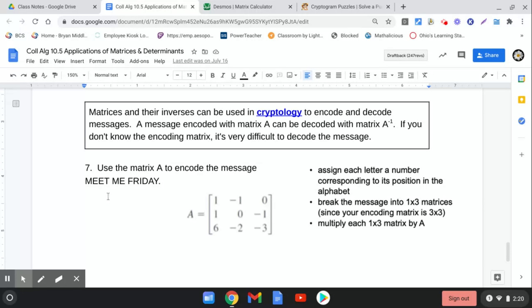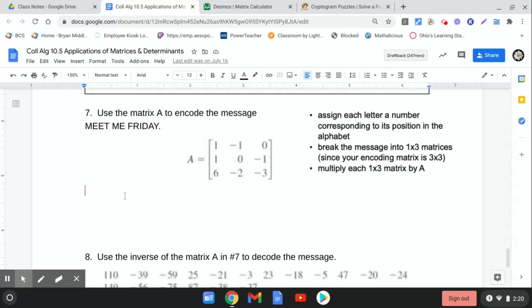So here's an example for number 7. Let's say you wanted to send the message, "meet me Friday." The first thing we're going to do is break up the message into letters, and I'm just going to use numbers corresponding to their position in the alphabet. So M, let's see. M is 13, I believe. Is it the 13th letter?